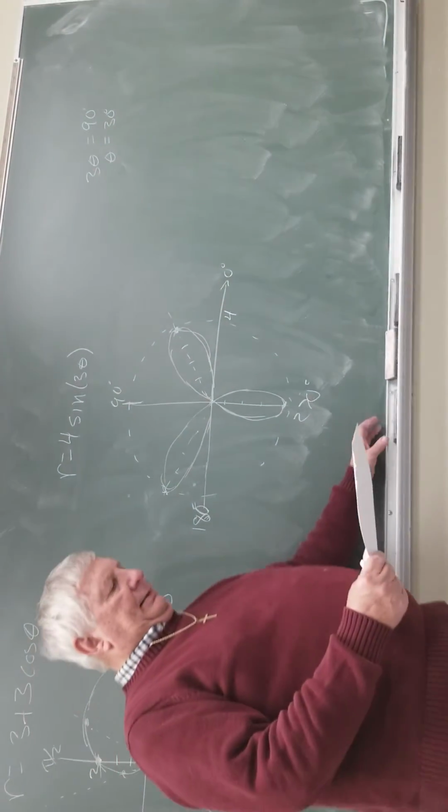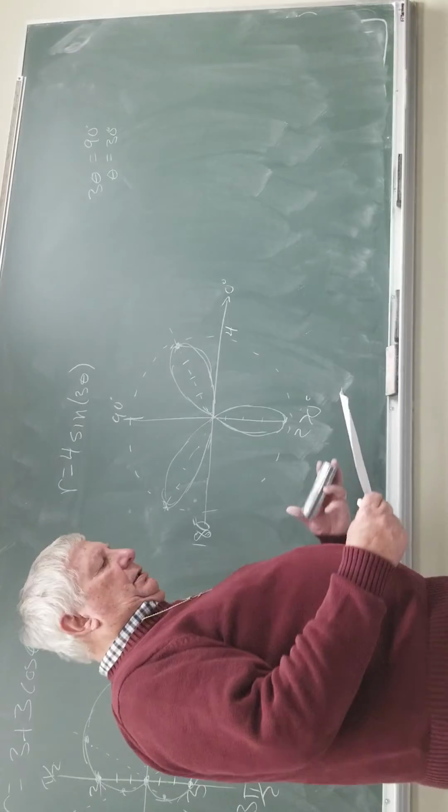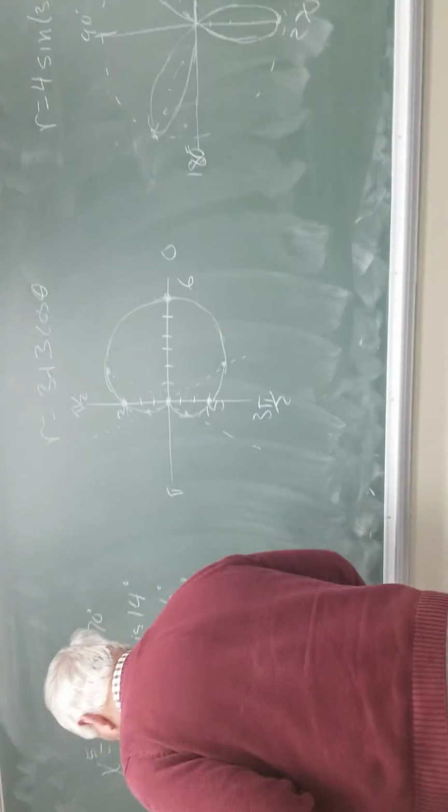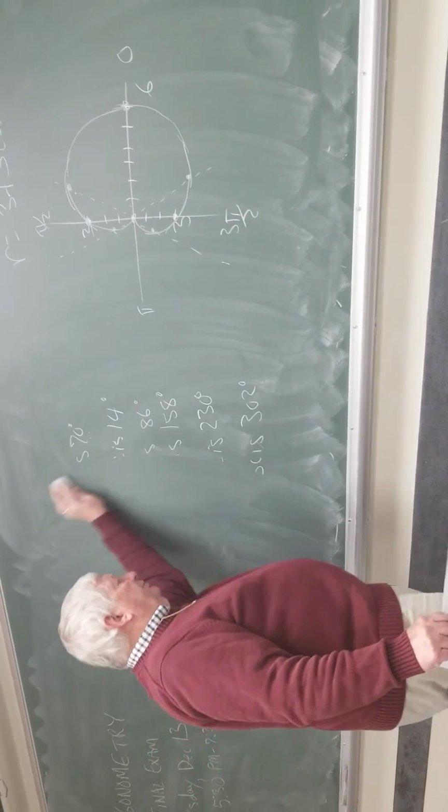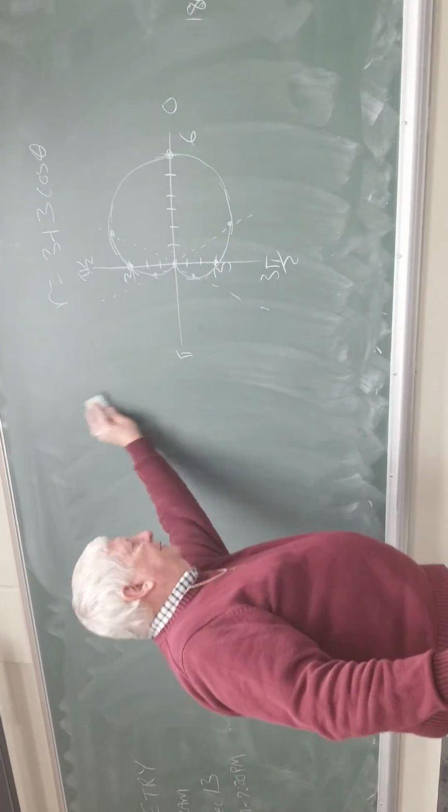Okay. Numbers 9, 10, and 11 are talking about conic sections in standard forms. So let's see if we can figure them out.